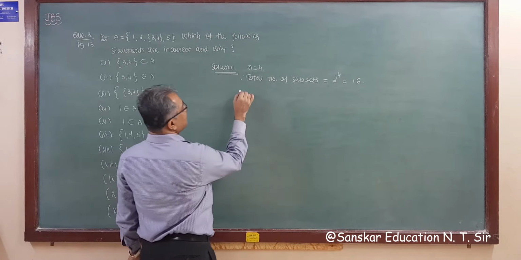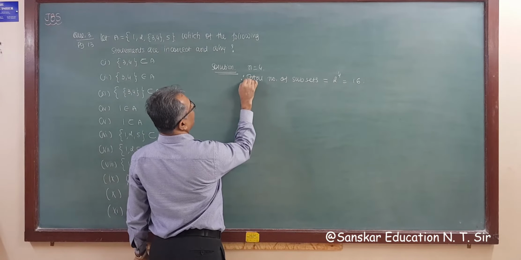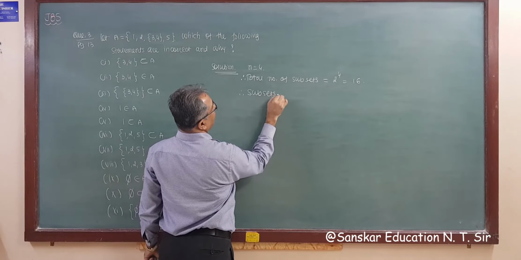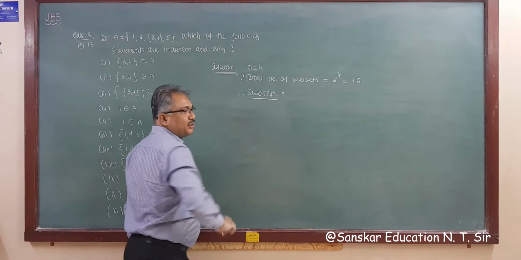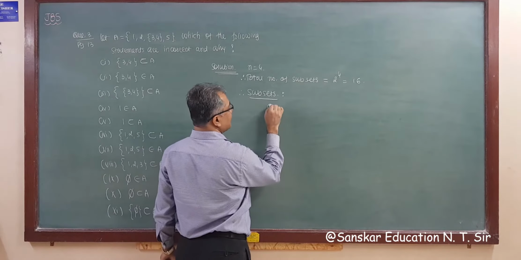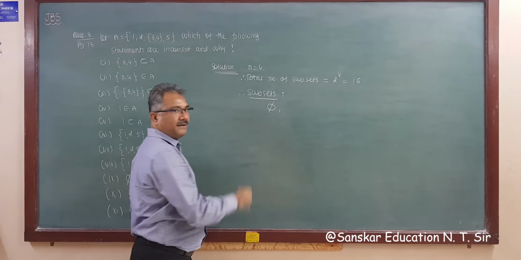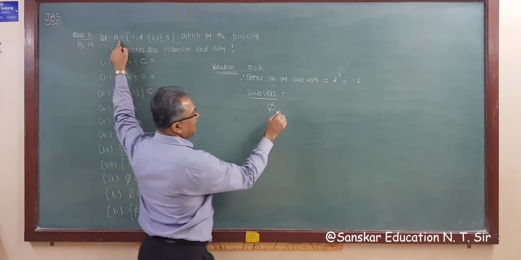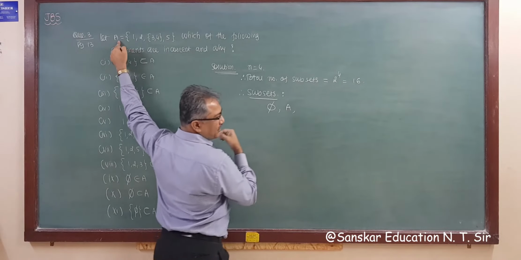So the subsets are therefore: first of all, the empty set is a subset of all sets. Then the set itself, that is set A, so A is a subset of itself.